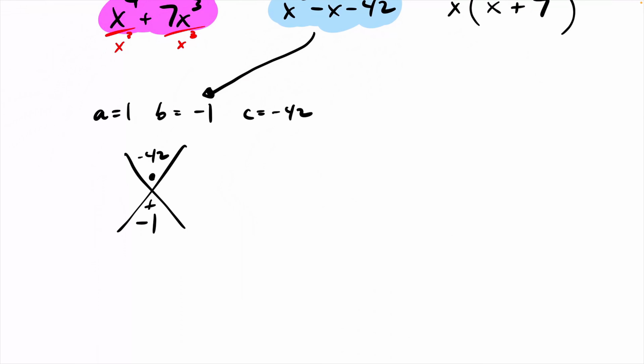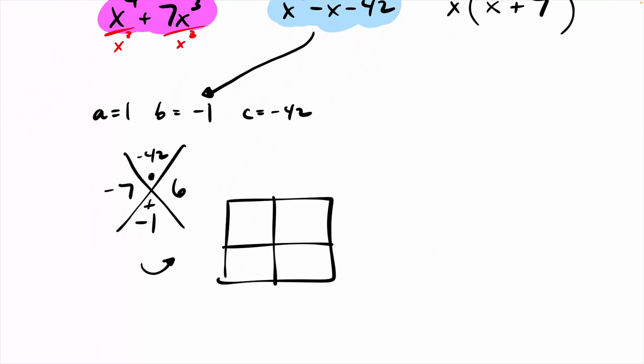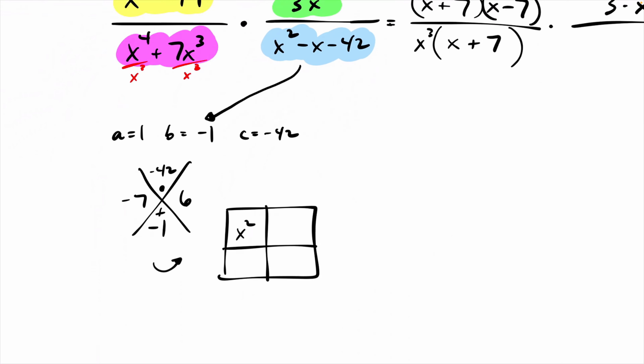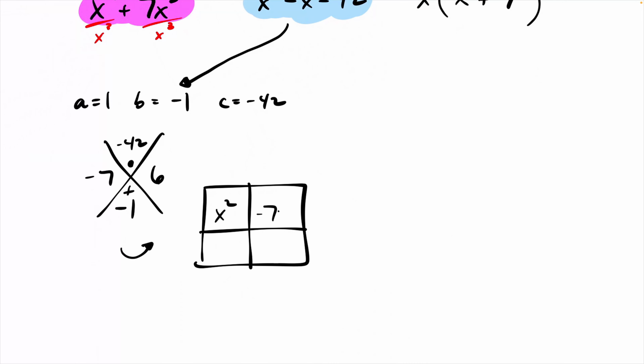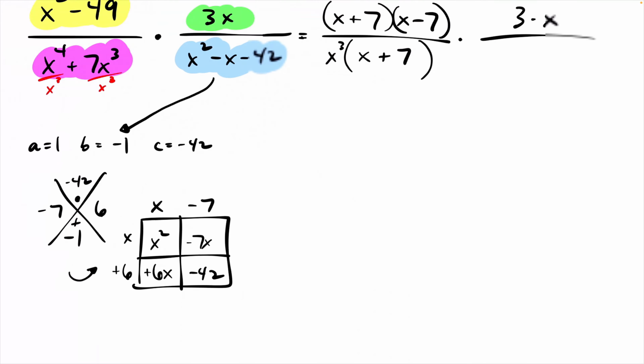What are the two numbers that multiply to be -42 but add to be -1? -7, +6. So we get x squared minus 7x plus 6x minus 42. So I'm going to get x minus 7 and x plus 6.